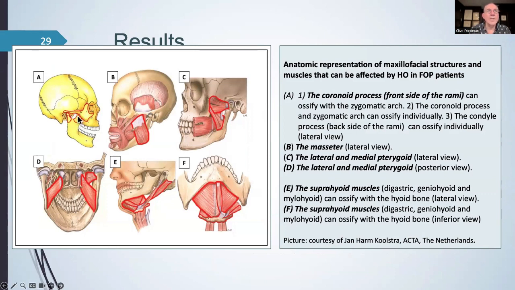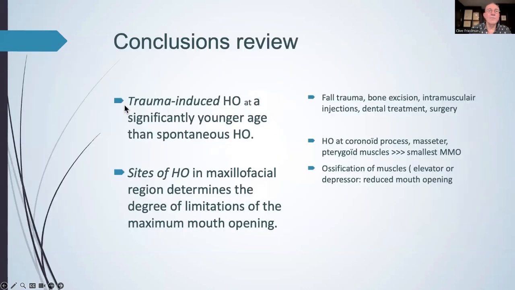If you've got HO occurring between those, you can see how that's going to cause the maximum amount of closure and minimum amount of opening. The next was the masseter muscle, and the least amount of closure was when you had the HO in the mylohyoids and the platysma muscles, which is fortunate because HO often occurs in that submandibular area much earlier than it does in these other areas. So that indeed was fortunate.